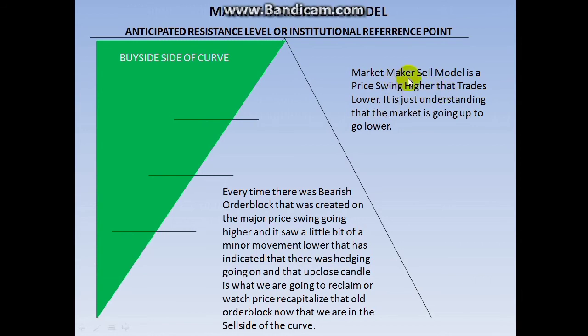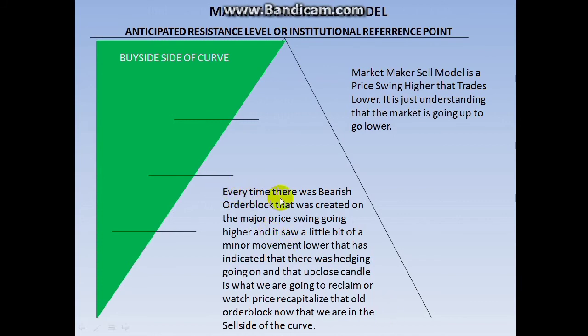So a market maker sell model is a price swing higher that trades lower. It is just understanding that the market is going up to go lower. That is a market maker sell model, just price going up to go down.